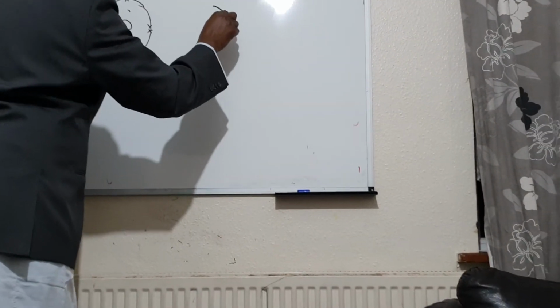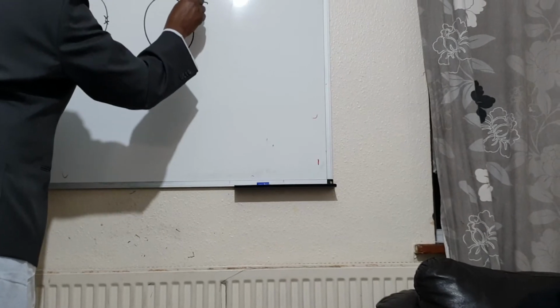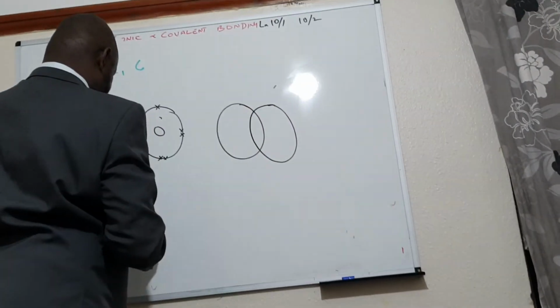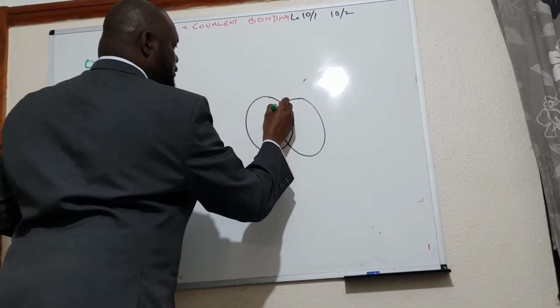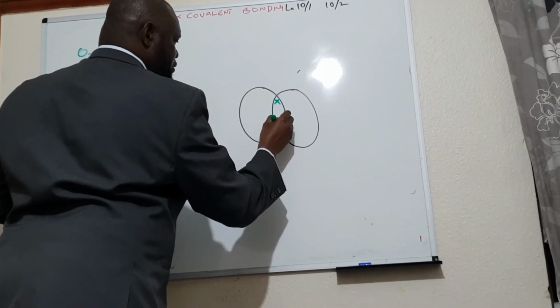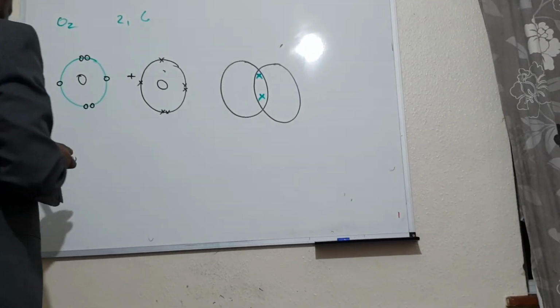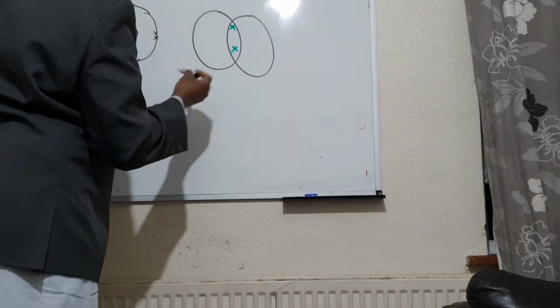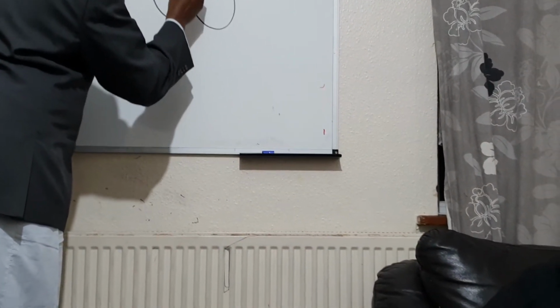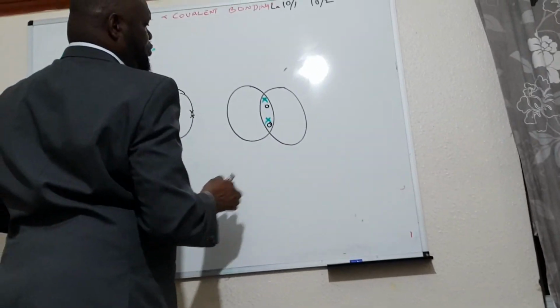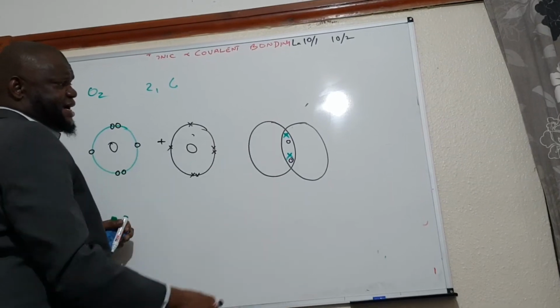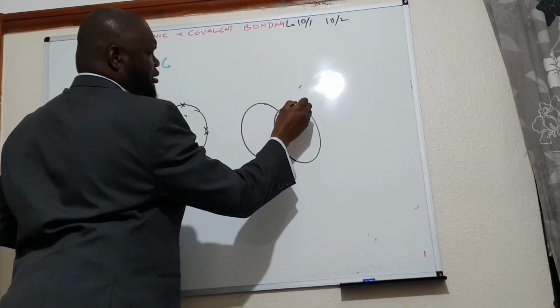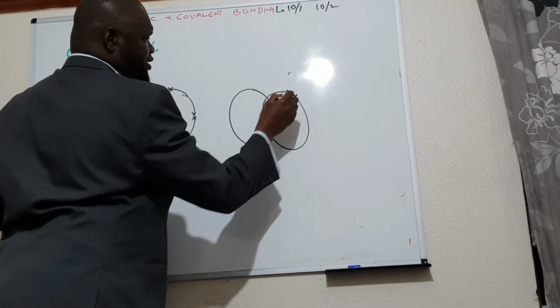So where they share, in the exam, be careful of how you do this. So they're sharing how many electrons? 4 electrons. They are sharing that.